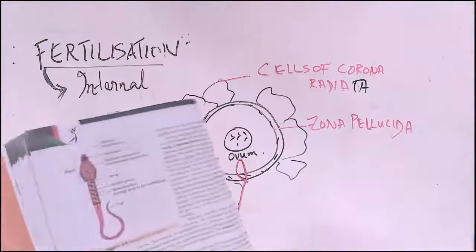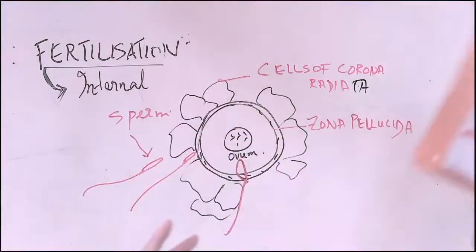After that, they will again degrade the zona pellucida, and that is how it can go through.